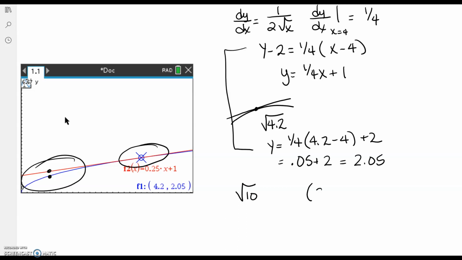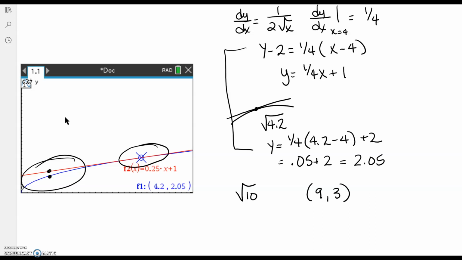I would use the point of tangency of (9, 3), and then I wouldn't be so far off. So the key with this is that you really don't want to get too far away from that point of tangency, or your accuracy, the further you get away, the more the accuracy starts to fade.